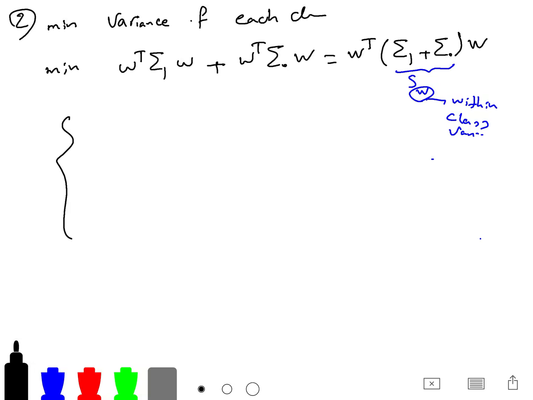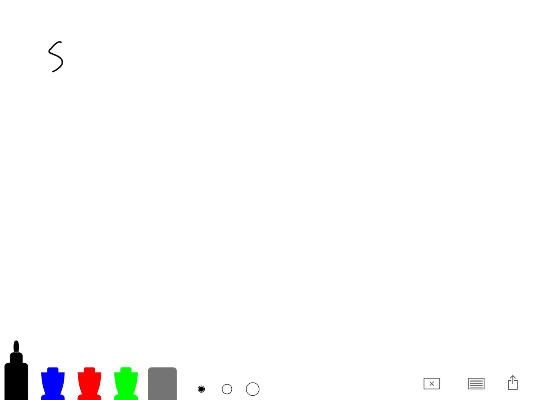So the goal is beautiful because the goal is to do this simultaneously, so it's a multi-objective optimization. It's not just a scalar optimization. Of course, many people use scalar optimization because it's easy. And also you want to minimize within class variation SW.